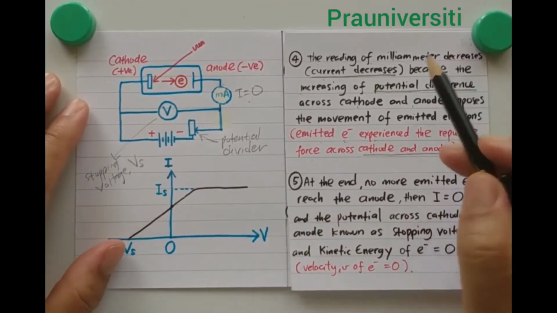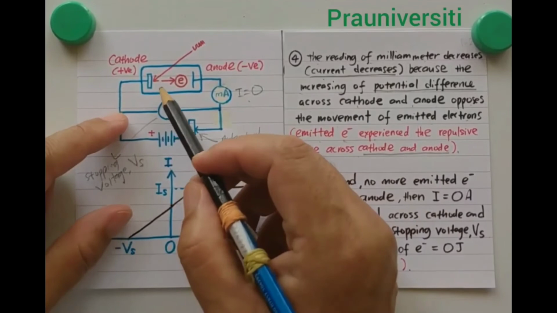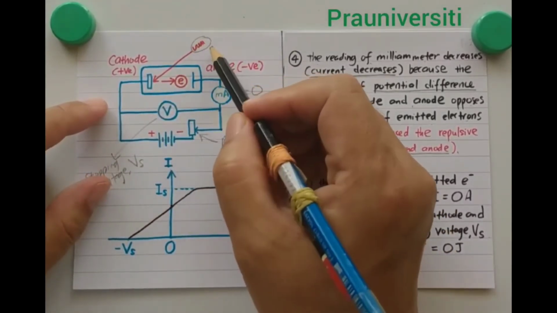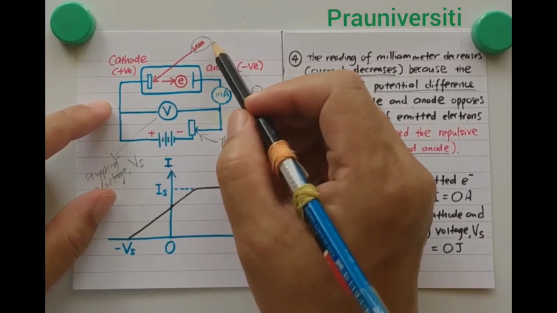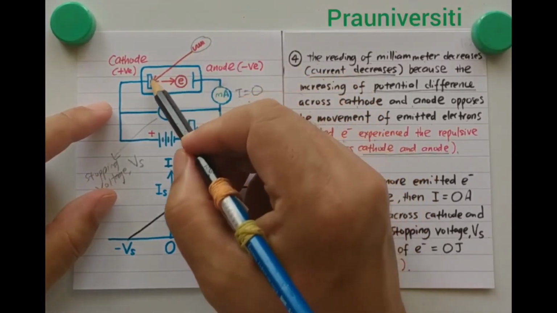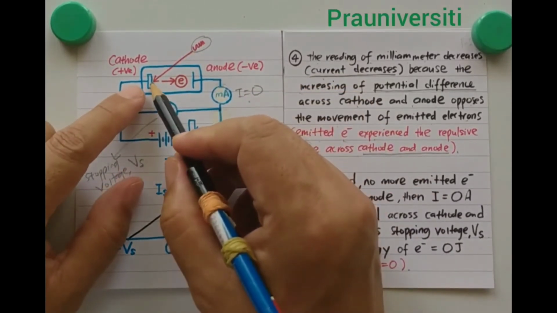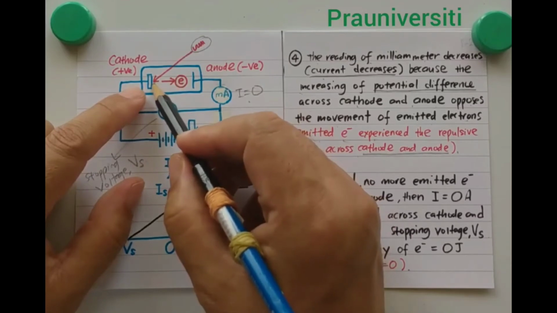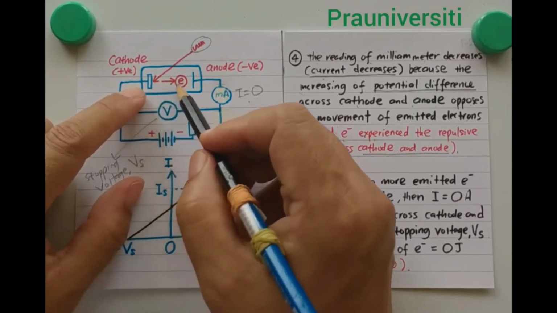I need to explain this by using the circuit. This one is the light, the electromagnetic radiation, or the photon. It hits the cathode and produces the ejected electron.